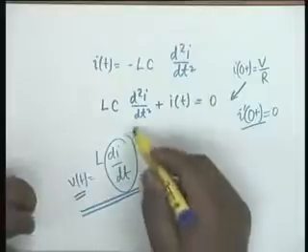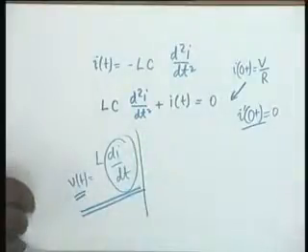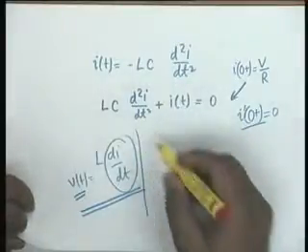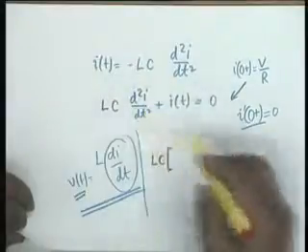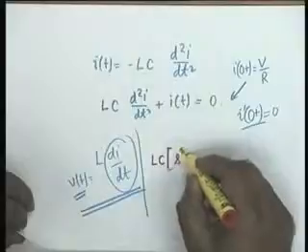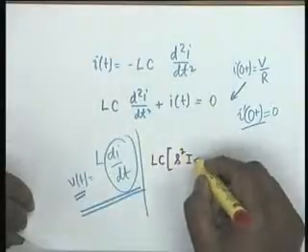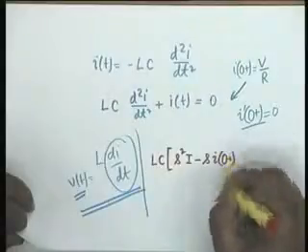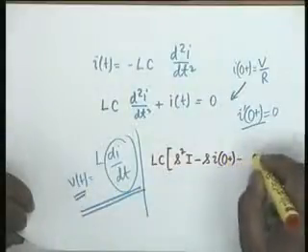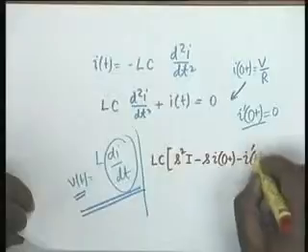So let us take the Laplace of this equation. Obviously what we get is LC, the Laplace of the second derivative, which is S squared I minus S I of 0 plus minus I prime 0 plus.